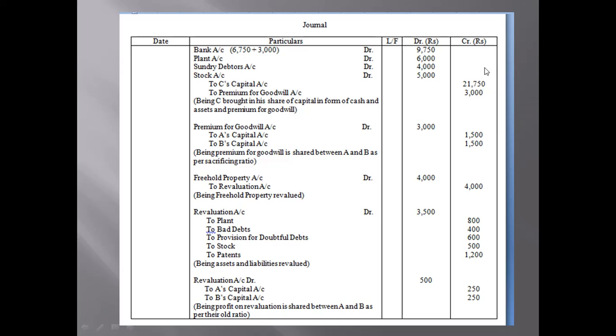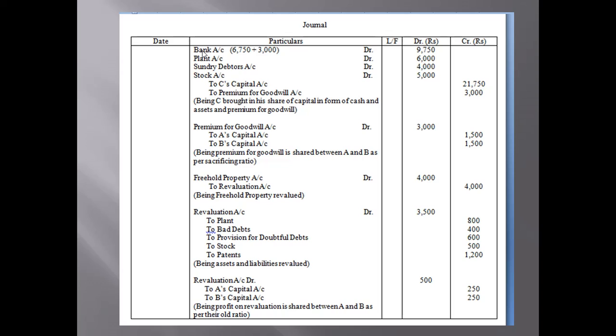It will be 24750. Now he is bringing plant, debtors, and stock, but he is bringing an amount of cash also in the form of bank. So we will write bank as well. You may write bank after writing stock as well, there will be no issue, but I have mentioned bank at the top, so you may write it afterwards or in the middle.